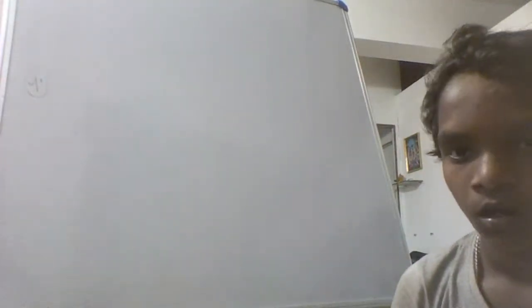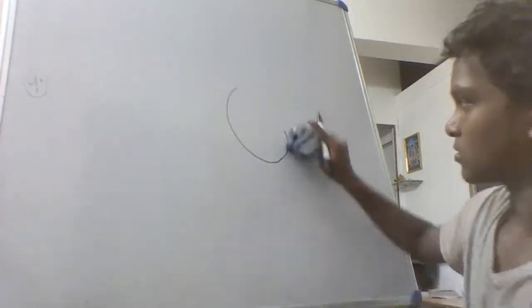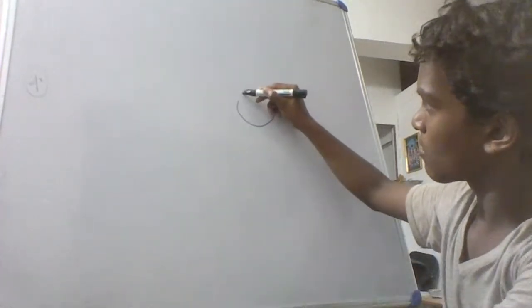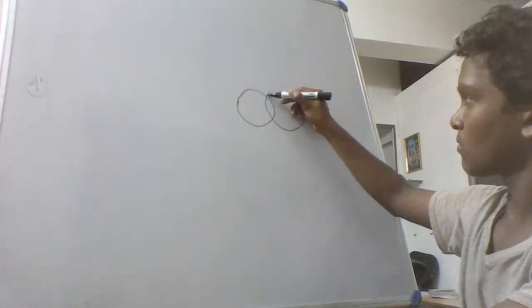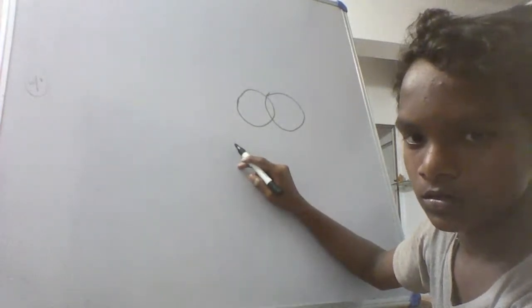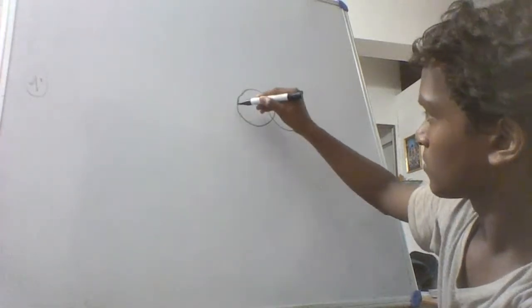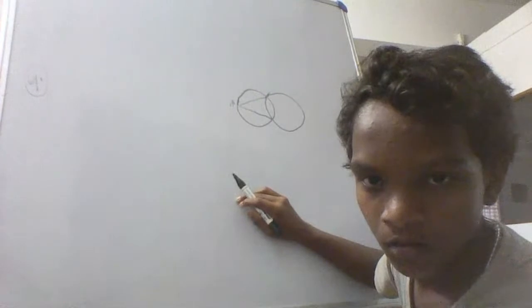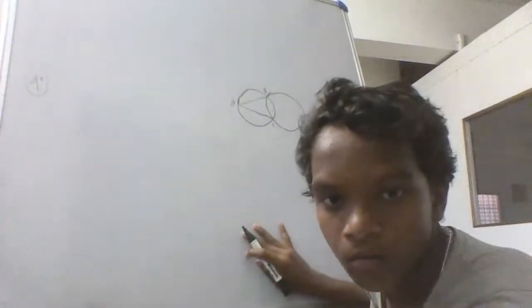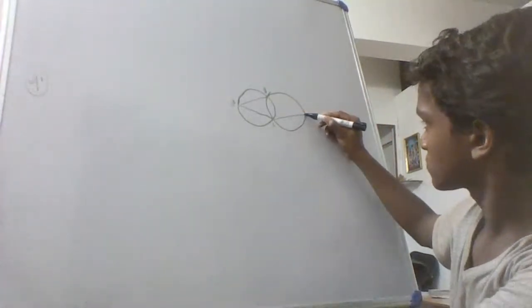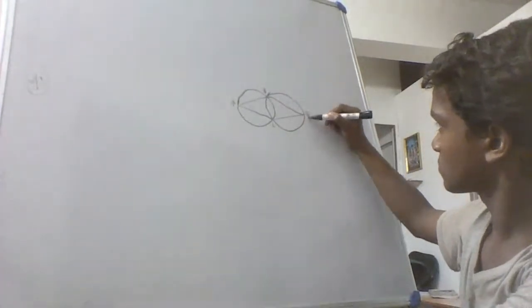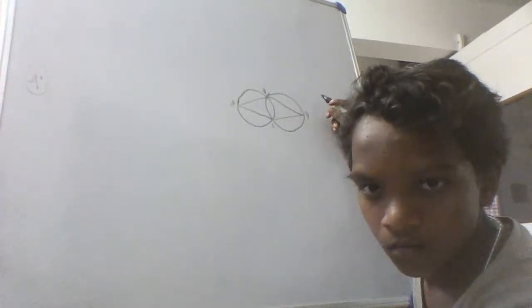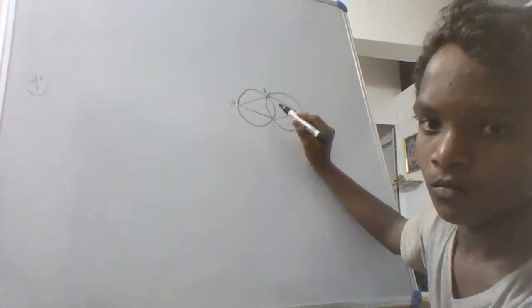Two circles intersect at two points B and C. Through B, two line segments ABD and PBQ are drawn to intersect the circles at A, D and P, Q respectively.